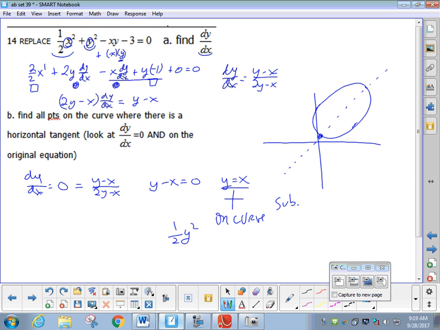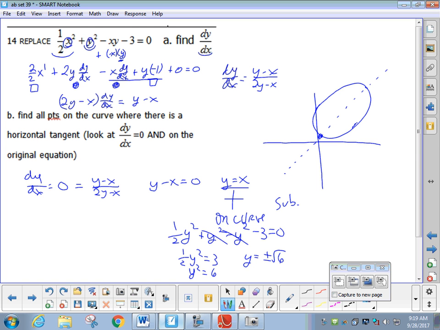If I replace the x's with y's, I get 1/2 y squared plus y squared minus y squared minus 3 equals 0. Yay? That means 1/2 y squared equals 3. If I knock out the y's and move over the 3, y squared equals 6. So y is plus or minus square root of 6.